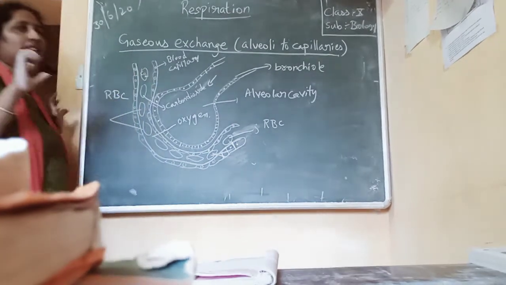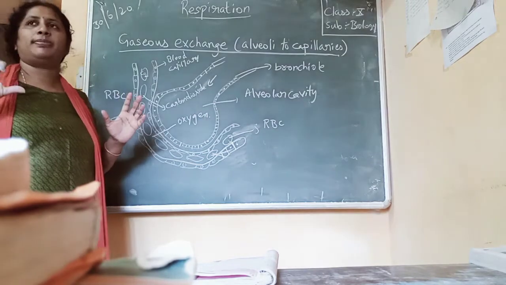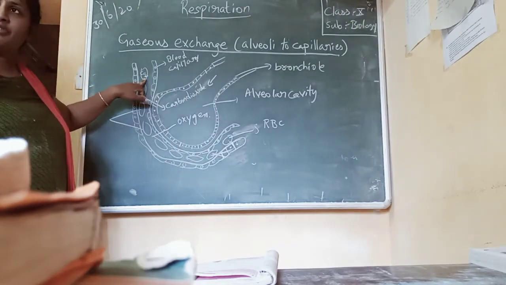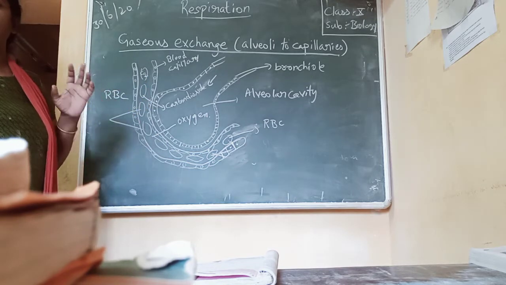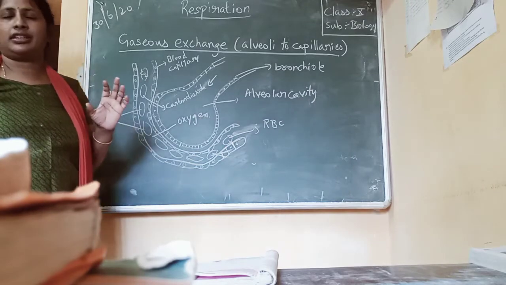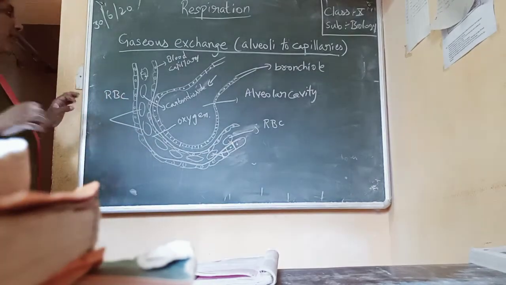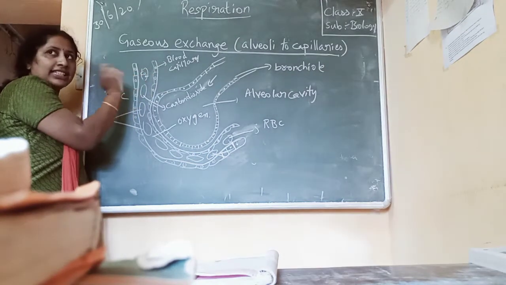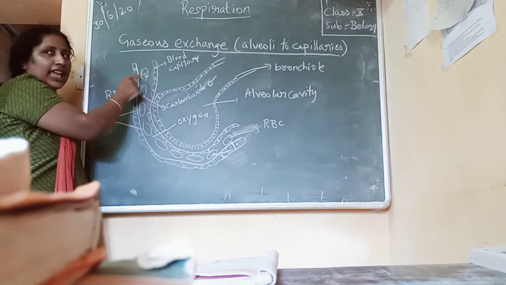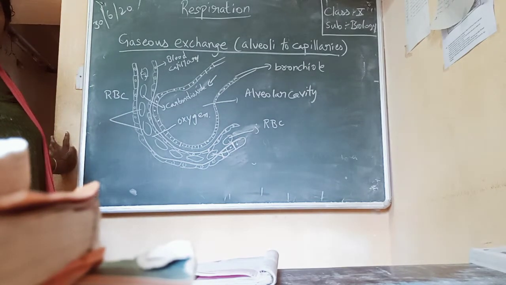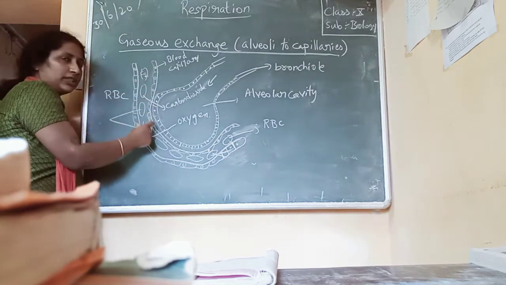Because they are filled with carbon dioxide, they are dark, a brownish red color. This brownish blood, which has carbon dioxide, is flowing into the capillaries.